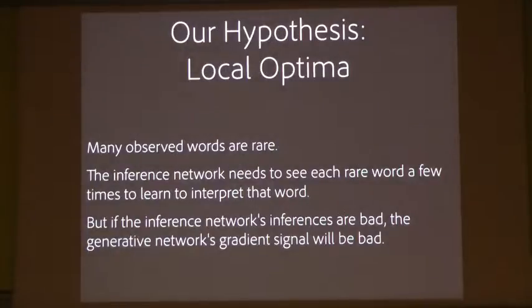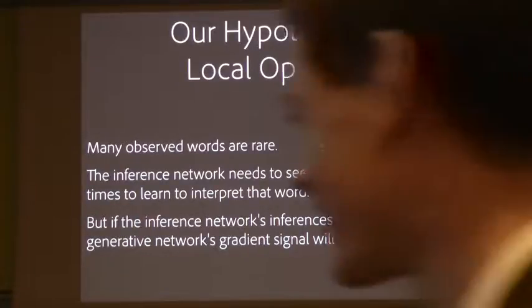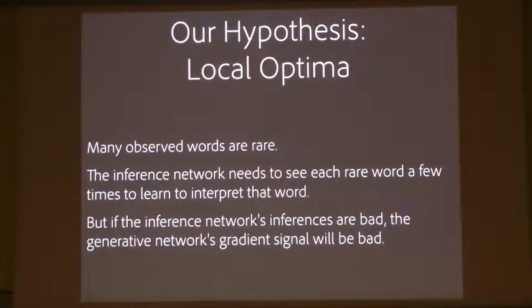So our hypothesis is that this is basically a local optima problem. The issue, we hypothesize, is that there are lots of rare words that we only observe a few times in the corpus. So the inference network, to figure out how to interpret those rare words and how they should relate to the posterior distribution, needs to see those words a few times to figure out what to do with them.